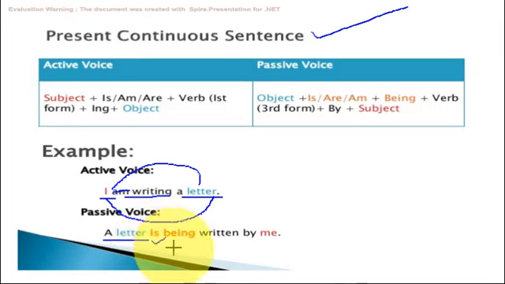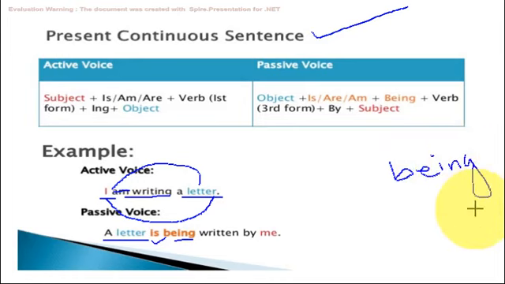A letter is. Now what is the function of being here? As I said, we have to use the forms of to be at any cost. This is an additional segment that we have to add in passive sentences. Am is already there, so we use is. We have to add the forms of to be. In such types of sentences, whether present continuous tense or past continuous tense, you have to use the form of be by adding ing.